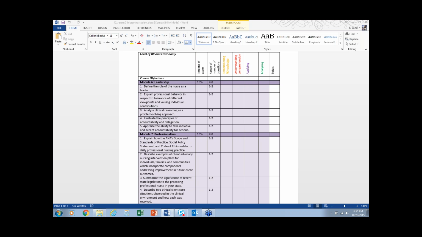Then, of course, we have what kind of publications and laws help us define those delegation decisions. Well, the principles are the rights of appropriate delegation. Then, how do you know when and whom to delegate? Well, that's all related to what is in their scope of practice and have they had the appropriate training for them to be able to do it independently.